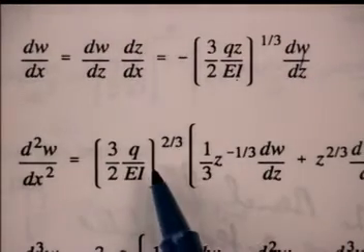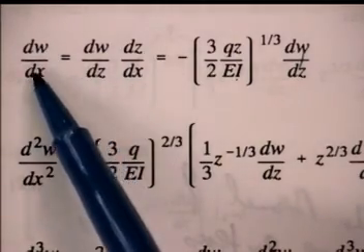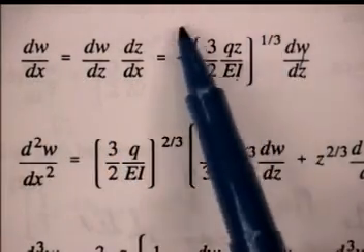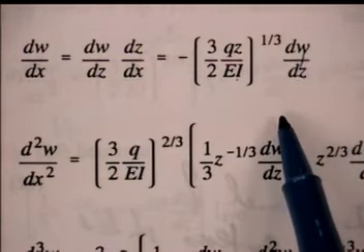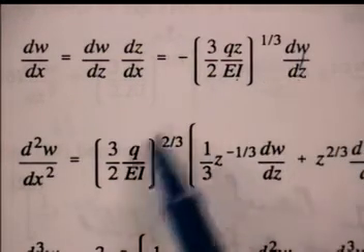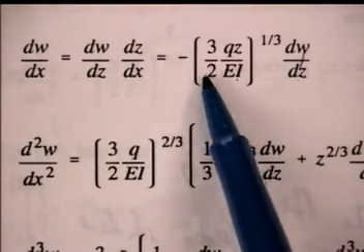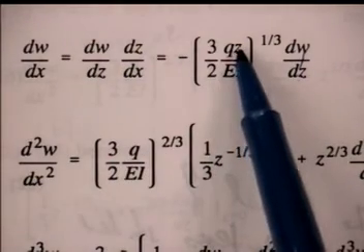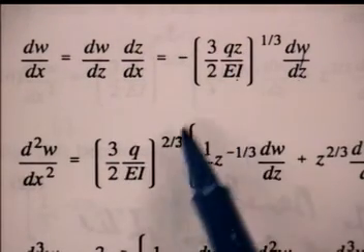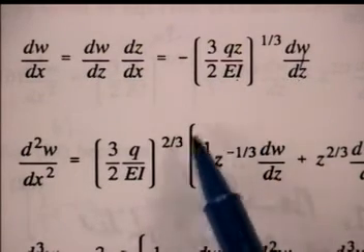So one thing is immediately clear, that every time that I differentiate with respect to x, I'm getting this coefficient in front of dw dz. So if I'm differentiating again I will get minus 3/2, etc. So minus times minus will be plus 3/2 q. Forget now z for a moment. Q over EI in power 2/3, not 1/3 but 2/3.